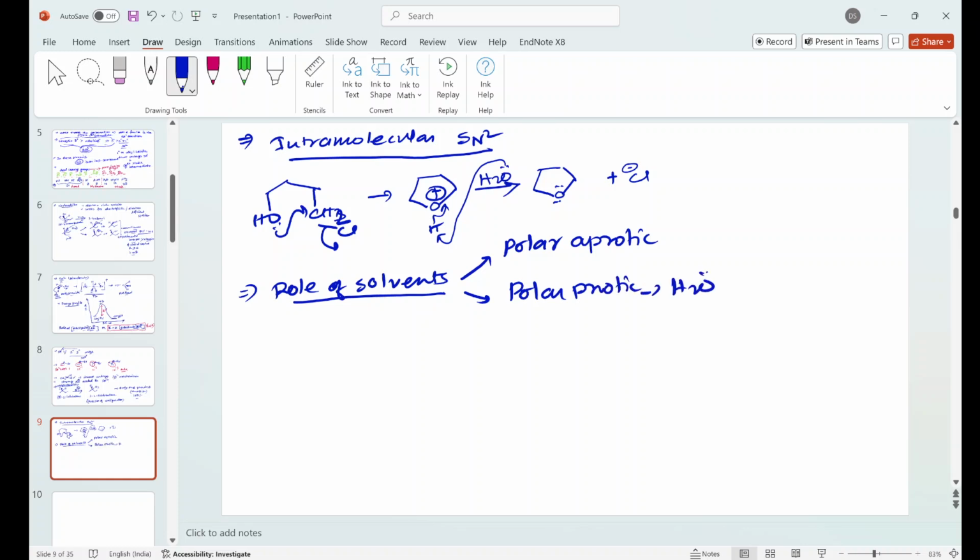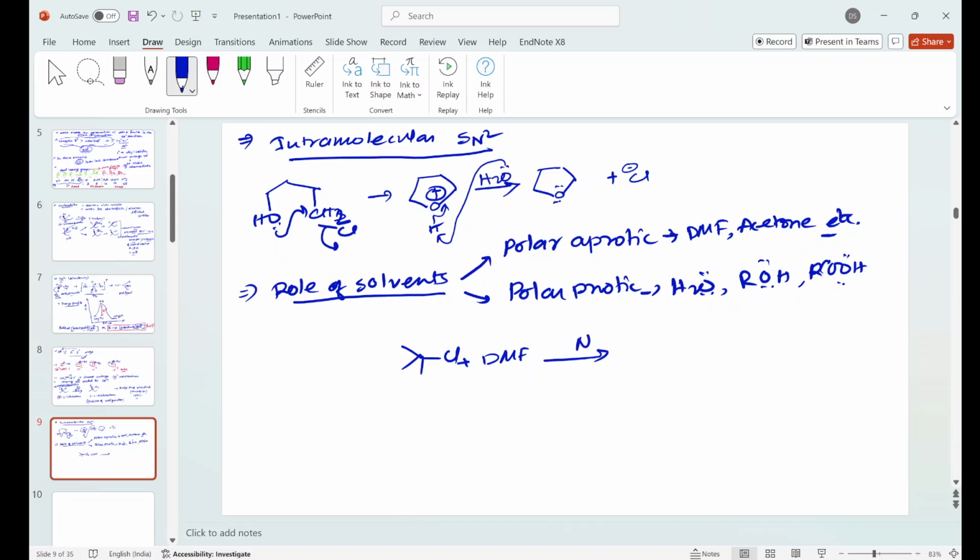Polar protic means water, any kind of alcohol, okay, then acid, and polar aprotic means anything that is not protic but polar, like acetone, etc. So if you see this reaction rate comparison, and in polar solvents, yeah, much faster.